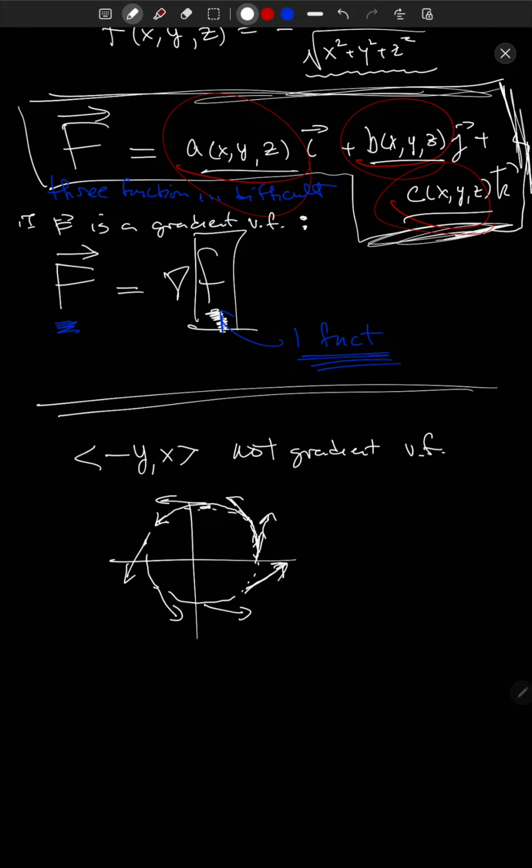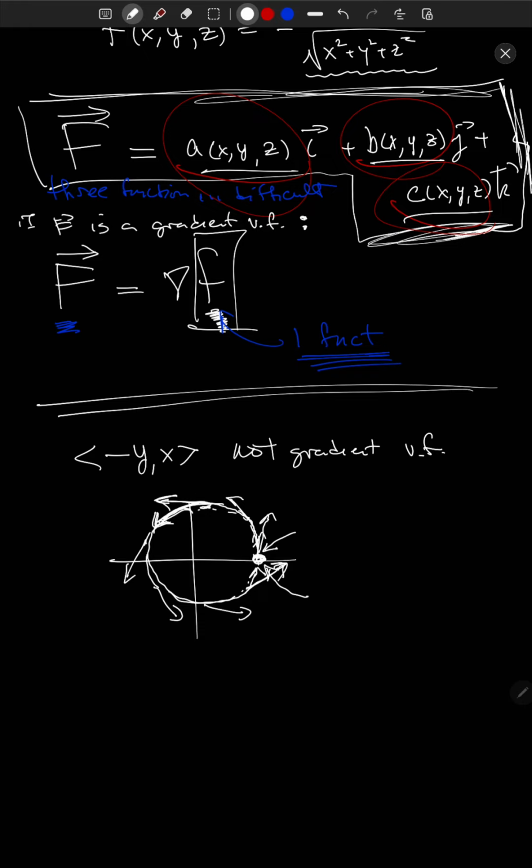Think about the problem from the midterm, right? So if you're moving in the same direction as the vector here, then the value of your function is increasing. Okay, so you're increasing, increasing, increasing, increasing until you get back to where you started. But that's illegal, because whatever value it was originally is going to have to be smaller than the value you are now once you've come around, because you've always been increasing the whole time.